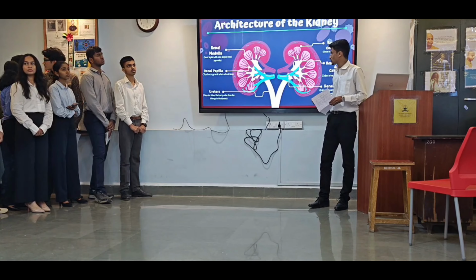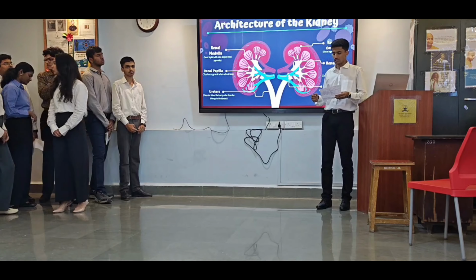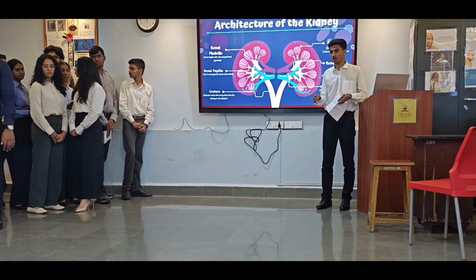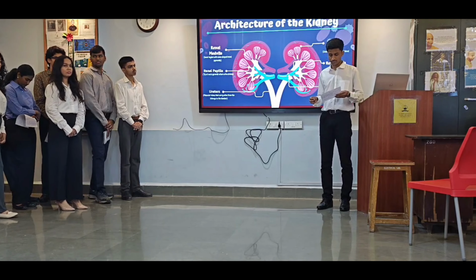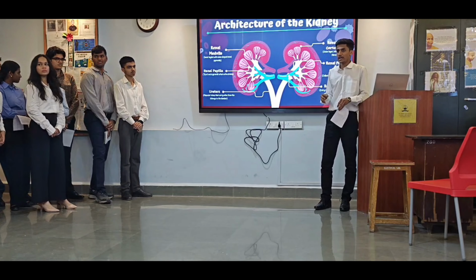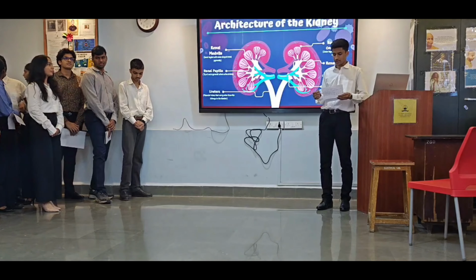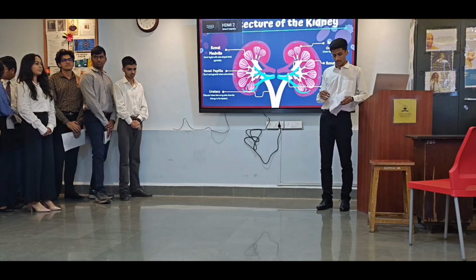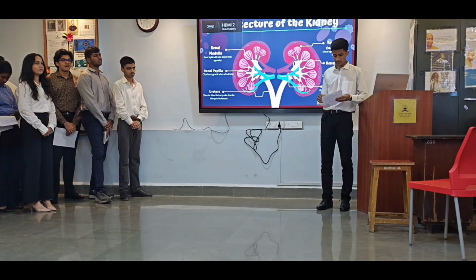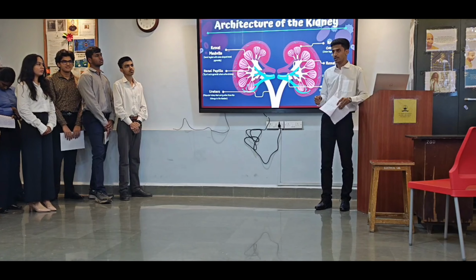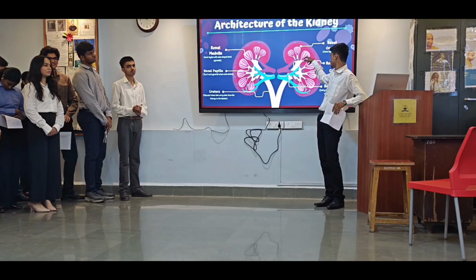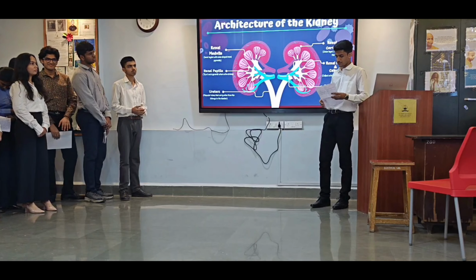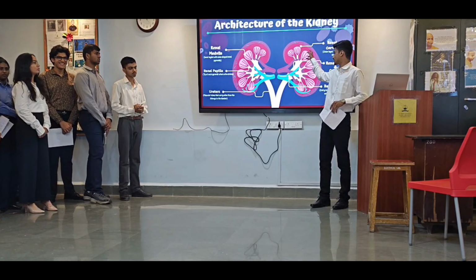Then we have the renal cortex. What does the renal cortex do? It is the outer region having a granular surface, a dense capillary network, and renal corpuscles. Then the renal medulla, the inner region, which is made up of structures called renal pyramids. Then there is the renal papilla, the tip of the pyramid, where urine drains into the minor calyx.